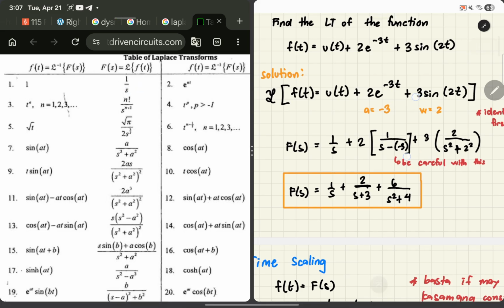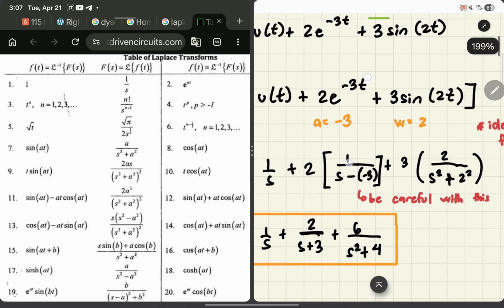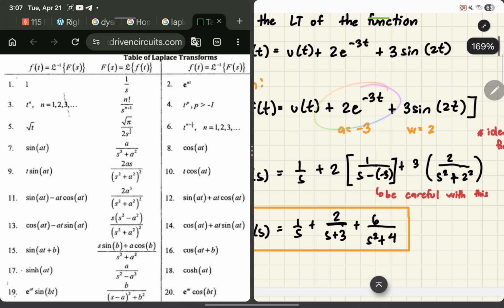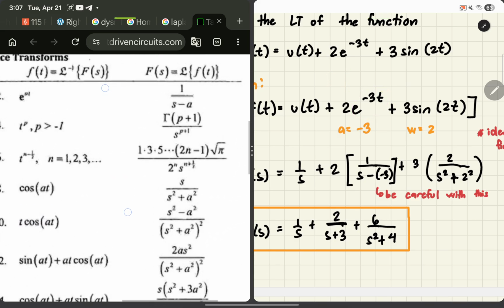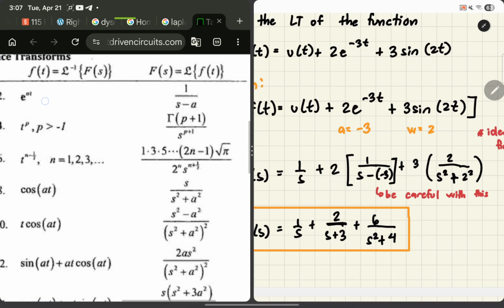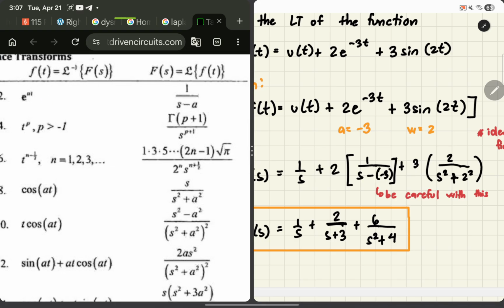Now for 2 times e raised to negative 3t, we just have to separate the constant. So 2 times the Laplace transform of e raised to negative 3t. Now, as you can see, it's e raised to at. So our a is the negative 3.